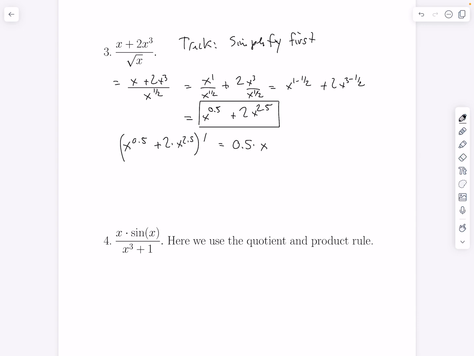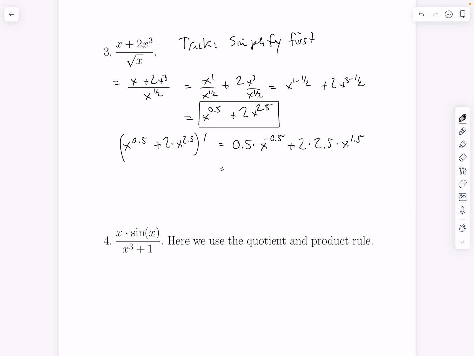0.5 times x to the 0.5 minus 1 is minus 0.5. And then we split the 2 and then times 2.5 and times x to the 0.5. 2.5 minus 1 is 1.5. Yeah?